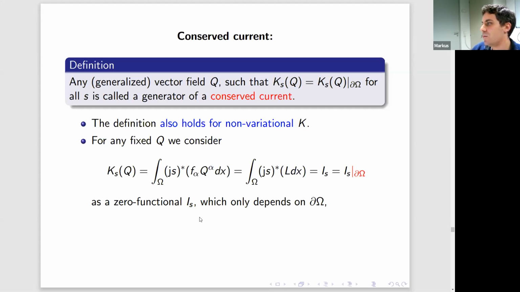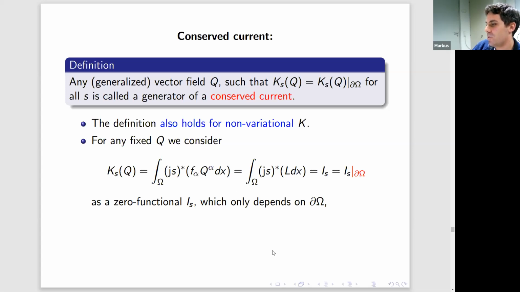There's one more implication I want to tell you here. For a fixed Q, when you contract this Q with your F, you can consider this just as some Lagrange function L, what I wrote here. So for fixed Q, you can only change the S. This is basically a zero functional for S, and this functional will only depend on the boundary of omega.